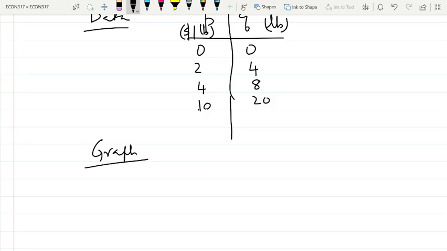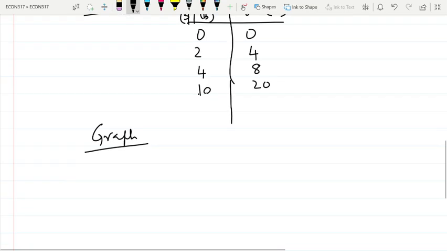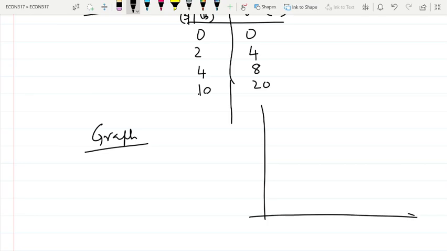As we have noticed earlier, we will be drawing the graph of an inverse supply function. So I will have quantity on the horizontal axis and price on the vertical axis. This time the unit of price is dollars per pound, and quantity is in pounds.